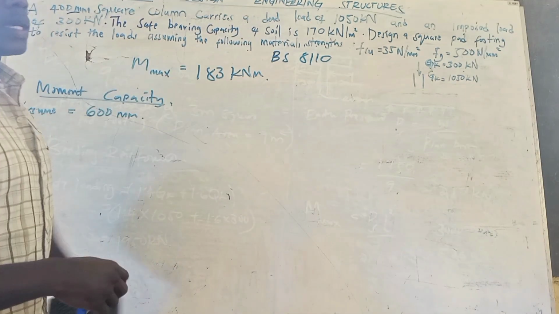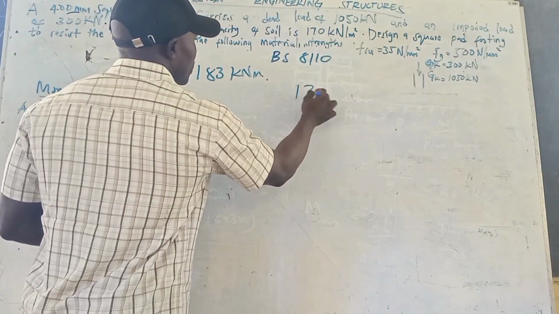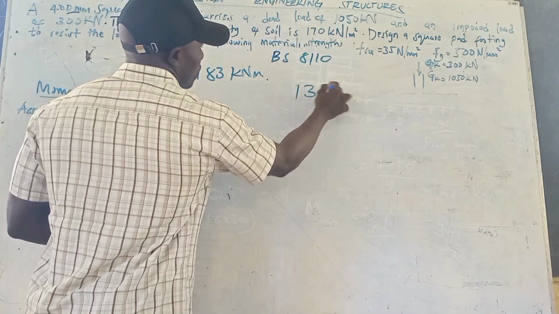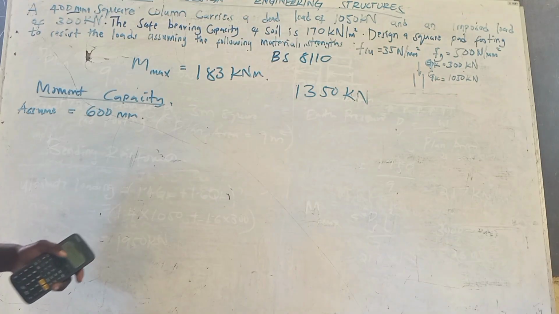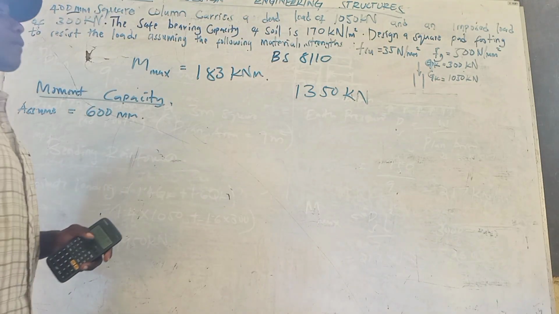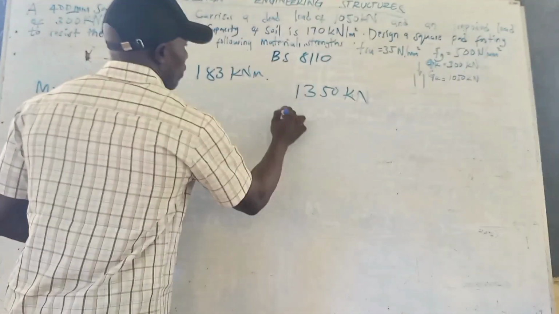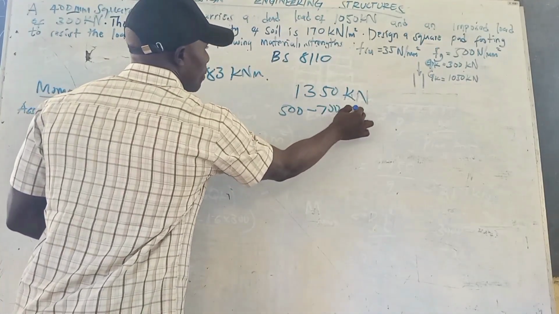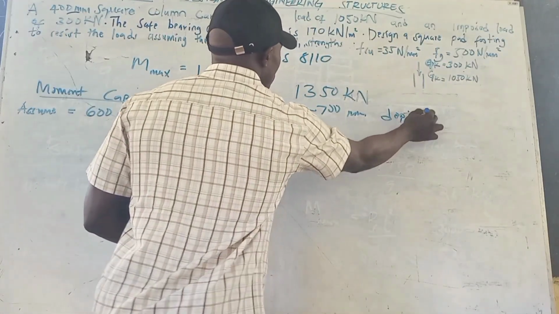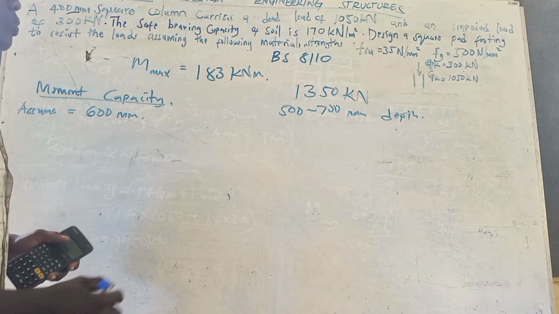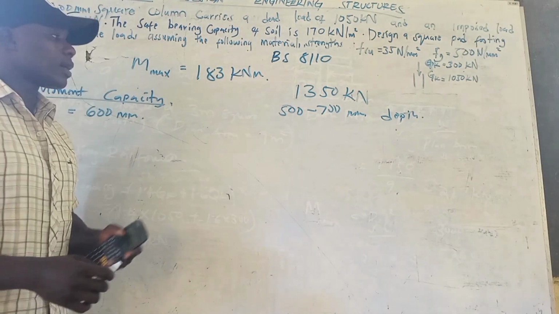In our scenario here, for a pad footing that is expected to carry at least 1,350 kilonewtons, it is difficult to use a 500 to 700 millimeter depth of footing, at least, to avoid maybe punching failure.